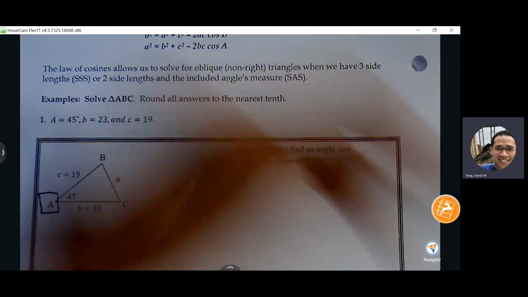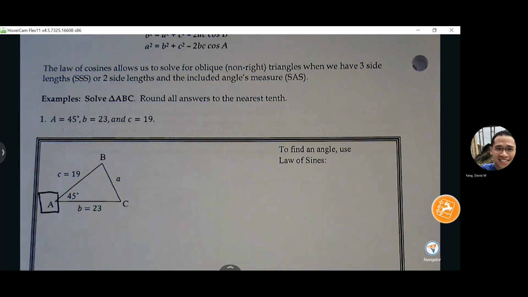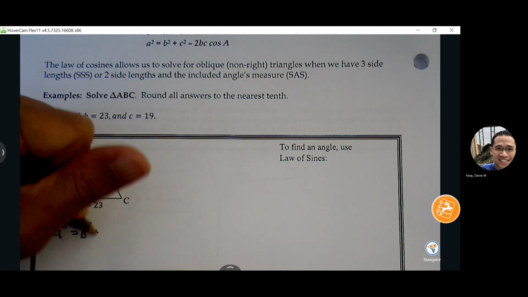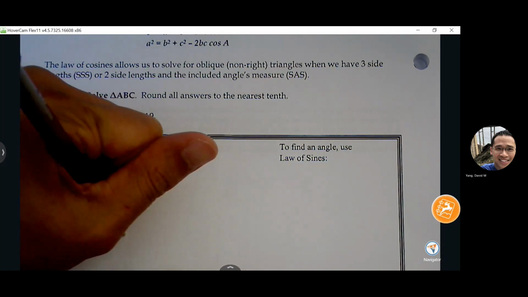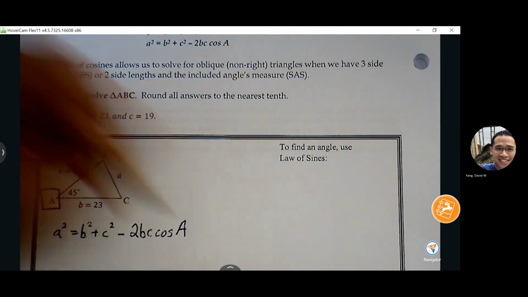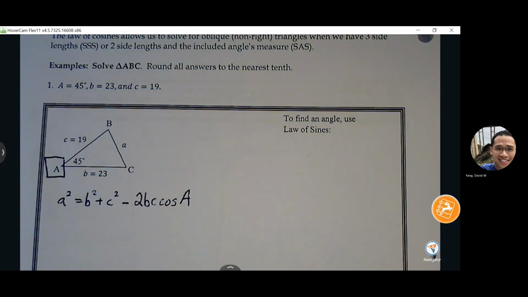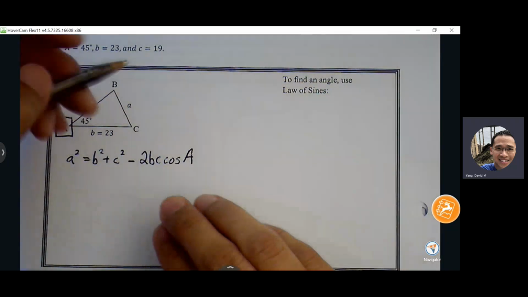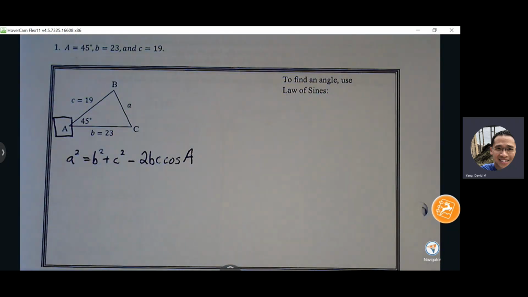A squared equals... sorry, one second. Now, my preference, especially if you're using your calculator, is to ensure that your calculator is doing the order of operations that you want it to.